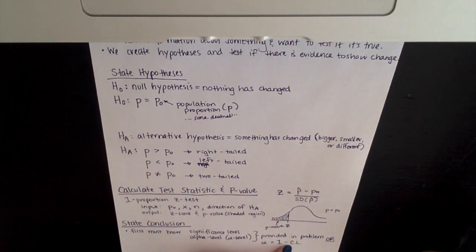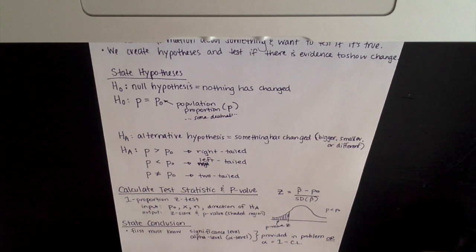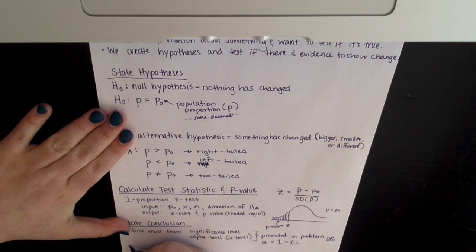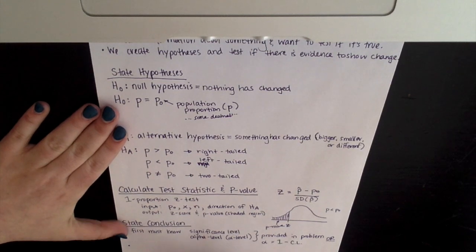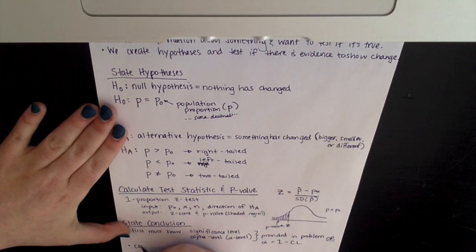So if our confidence level is 95%, then we would say 1 minus 0.95, and alpha would be 0.05. These are very small numbers. Okay? And then our final step, which I'll move on to another sheet of paper for this, is that we must compare directly. In order to make the conclusion, we compare your p-value to the alpha or significance level.